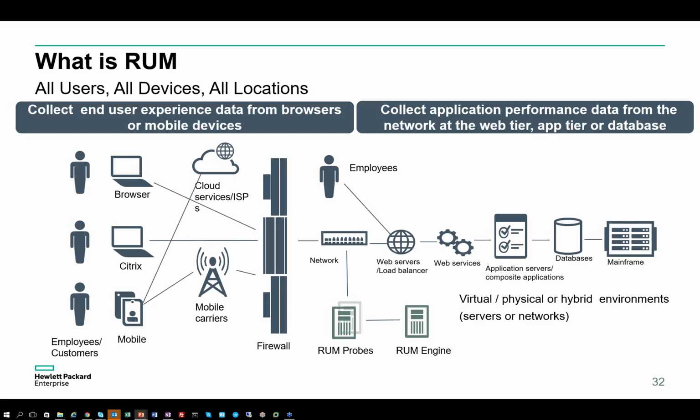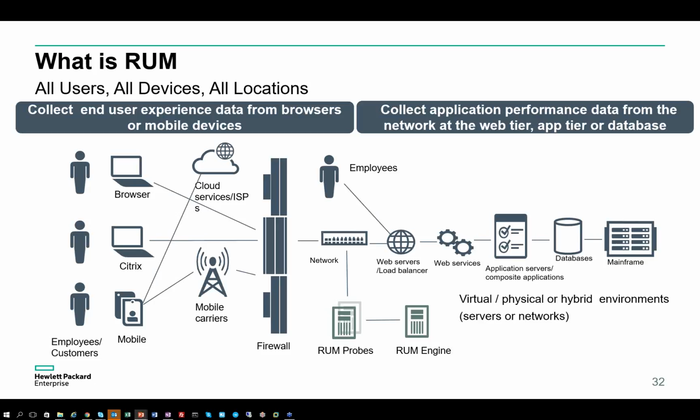The other thing also is that unlike the BPM probes, which are distributed across the world wherever the users are located, the RUM probes are installed in close proximity to the servers and the applications they are monitoring. And because of their location and because of what they do, they're sniffing the information on the network.